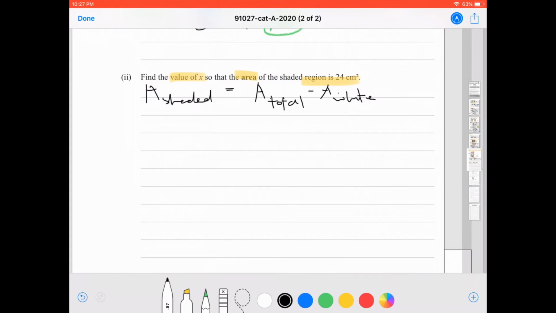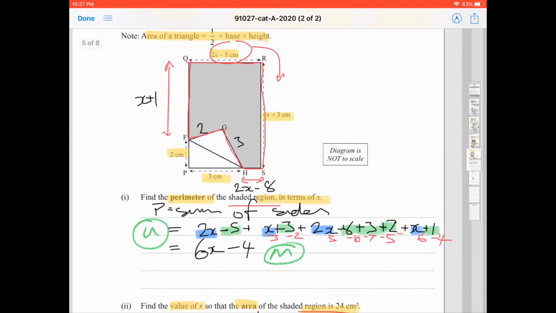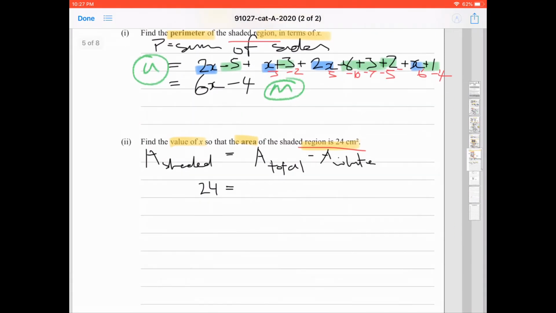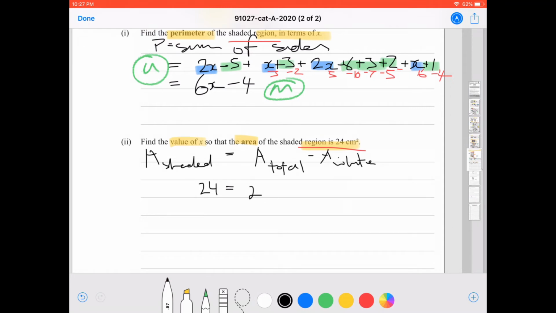So the question says the area of the shaded region is 24, so we can say 24 equals, and now area total will be base times height, so 2x minus 5 and x plus 3.